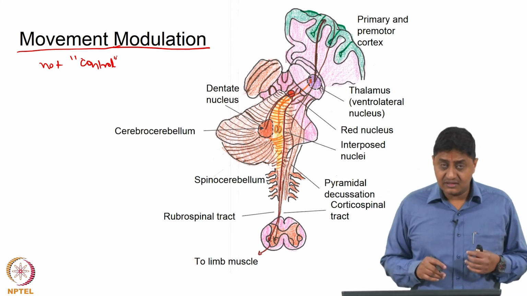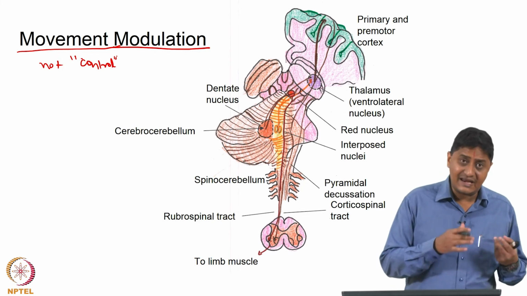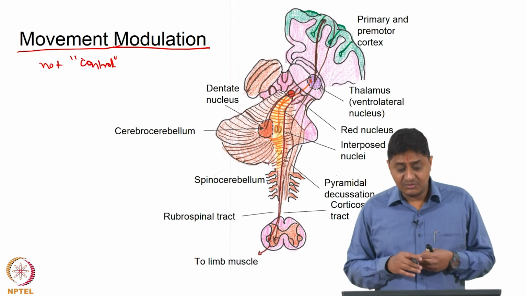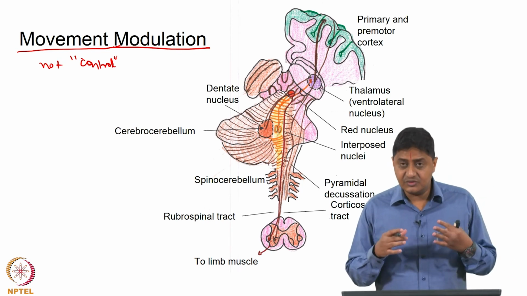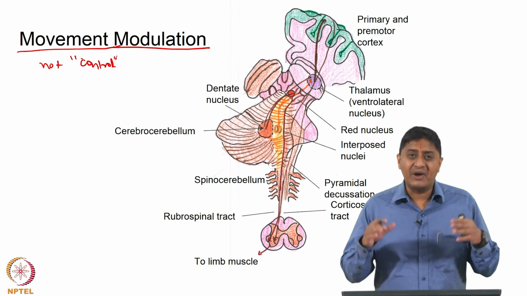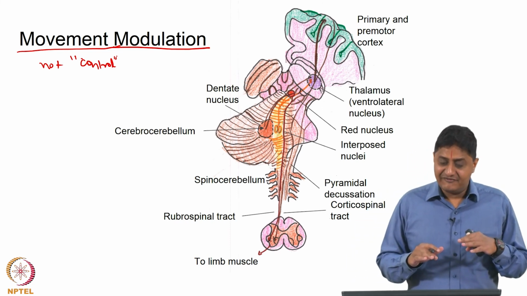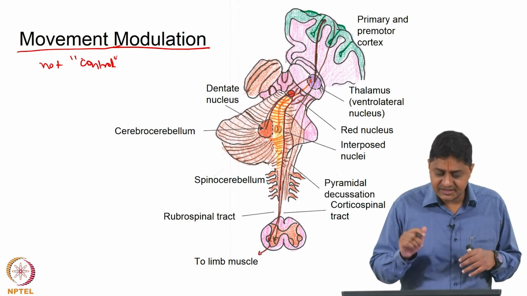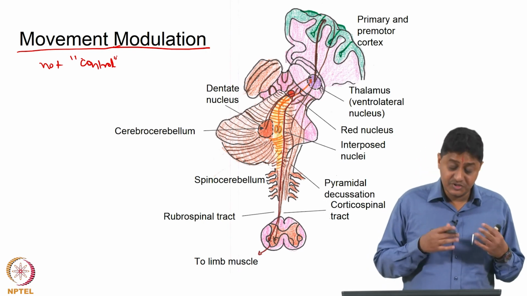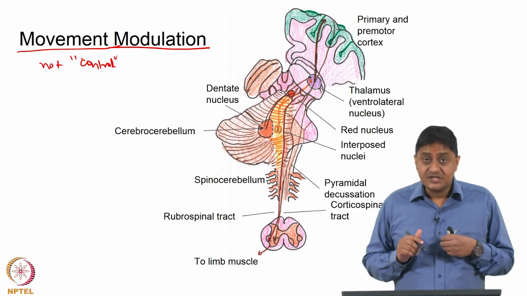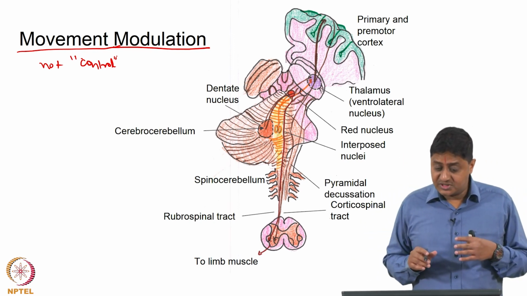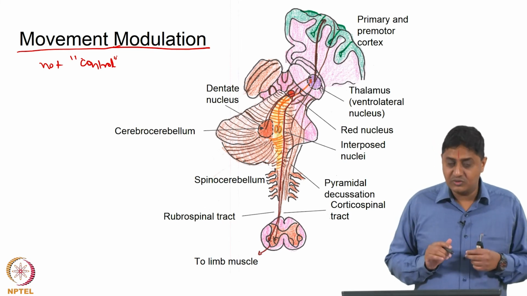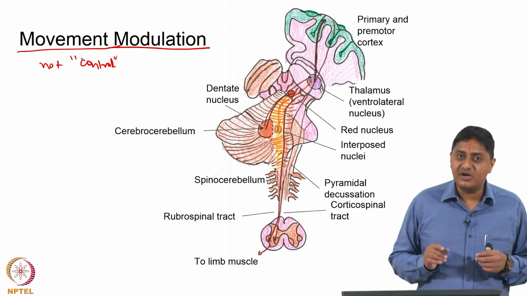This is because it does not directly project to the spinal cord, and also let us remember that the spinal neurons receive inputs from multiple descending systems, from the red nucleus, from the reticular formation, from the cortex, from the vestibular nucleus and so on and so forth. So, the inputs from the cerebellum can only modulate the outcome to some extent, but not control.